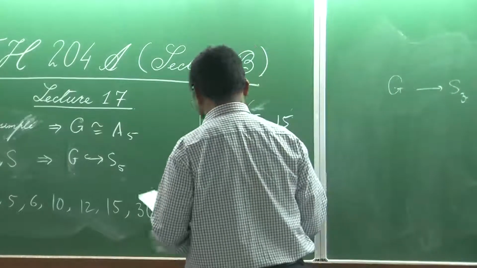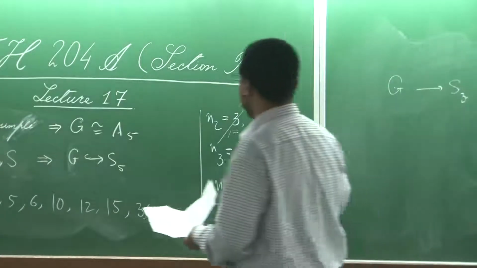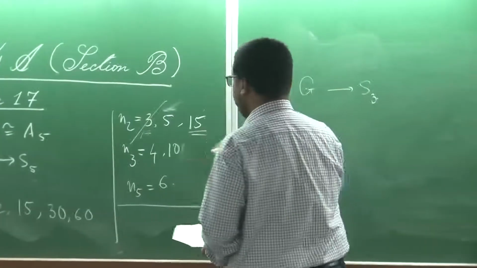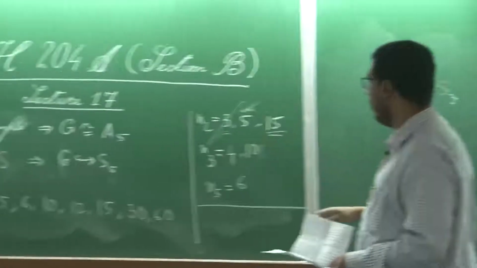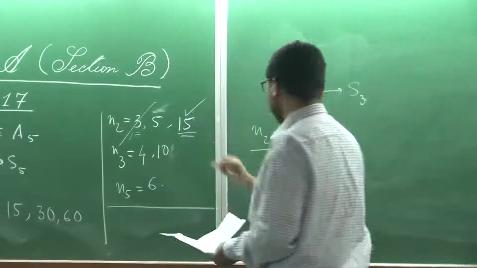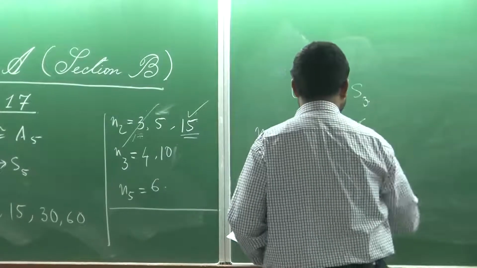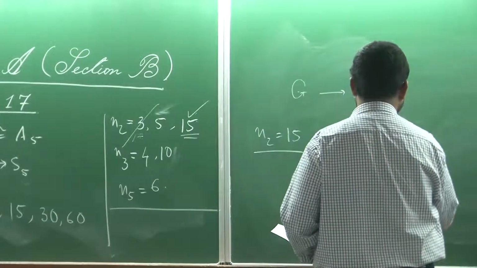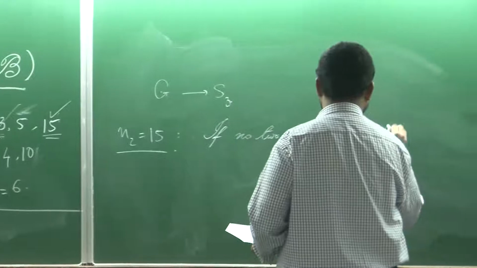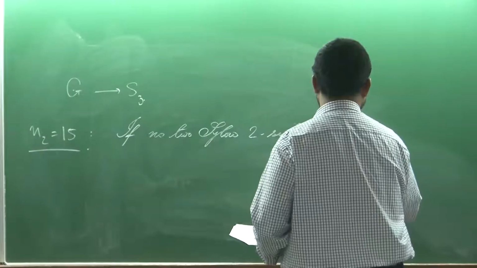The next possibility which is left to us is N2 equal to 15. Here any Sylow 2 subgroup of G will have order 4. So, if H is a Sylow 2 subgroup of G, H will have order 4, and suppose N2 is now 15. Then you see there will be a problem if no 2 Sylow 2 subgroups intersect non-trivially.